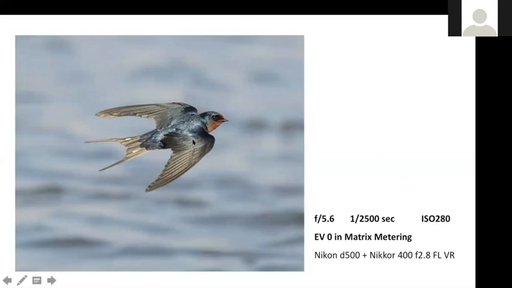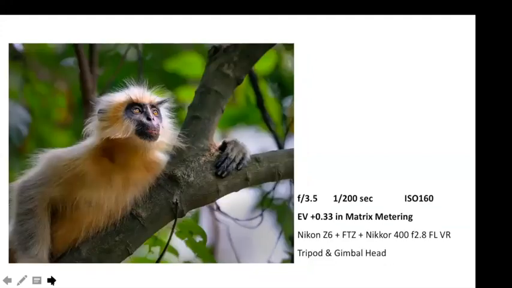In this case, I could have probably done it with the 200-400 as well, but not with the same efficiency and the number of good shots that I came back with. The 400 2.8 gave far more good shots compared to what I probably would have got with my 200-400. So in this case, the 400 2.8 was the right choice.